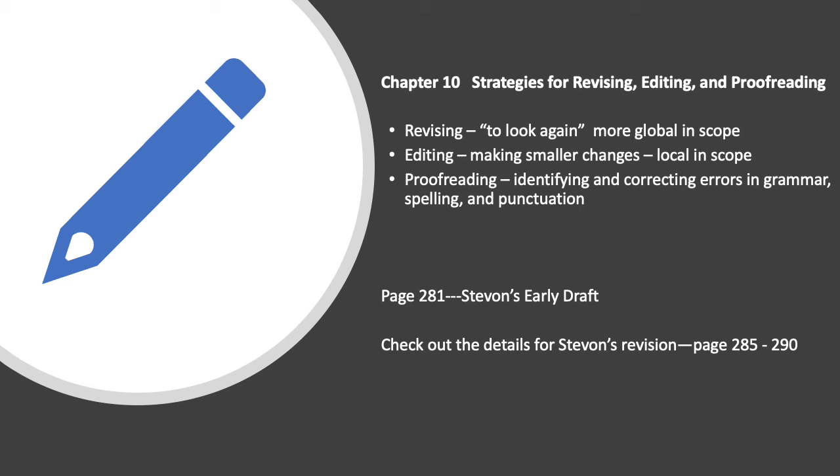Were the words spelled correctly? They could look at that proof and then determine what changes, go back, rearrange the type, and so on, and then they would be guaranteed to be able to print an error-free newspaper or flyer or whatever it is they were printing. So we still call this proofreading, and that's when you're identifying and correcting errors in grammar, spelling, and punctuation.